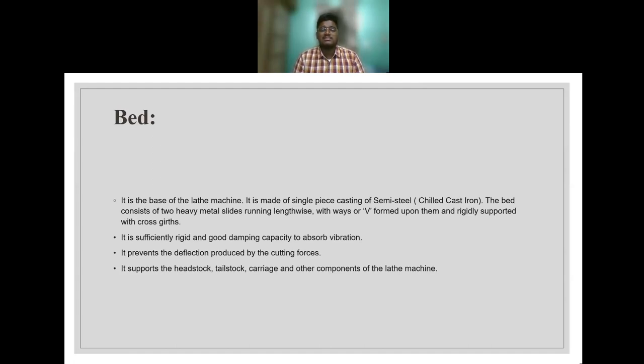In lathe machining, the main thing is that it should absorb vibration. It prevents deflection caused by the cutting forces. It supports the headstock, tailstock, carriage and other components of the lathe machine. It is the main thing because it is the base, and it has ample space between the ground and the guided ways.